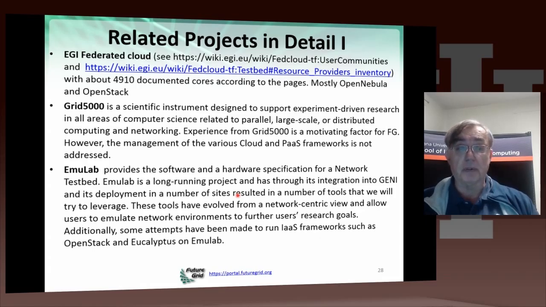Emulab is a very important testbed, mainly for the network community, and it's been integrated into GENI and deployed in a number of sites. And they have a pretty interesting set of tools we should try to make better use of as we try to improve our linkage with the network community.